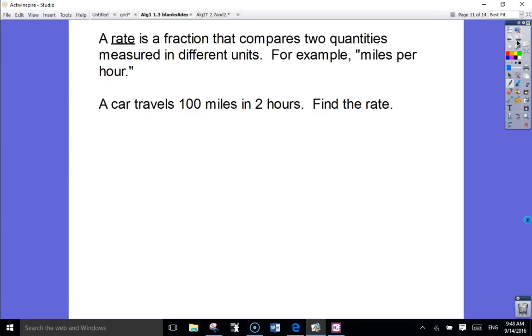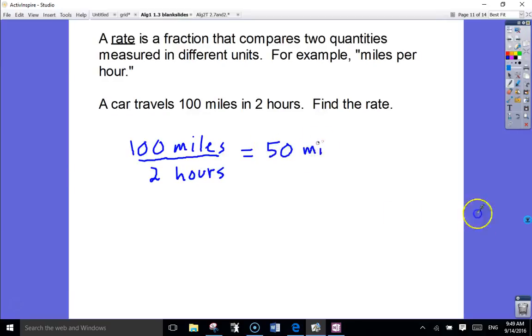If a car travels 100 miles in 2 hours, then what is the rate? 100 miles in 2 hours is how many miles per hour? 50, right? Miles per hour. That's a rate. If you're comparing 2 numbers with the same unit, that's not a rate anymore.